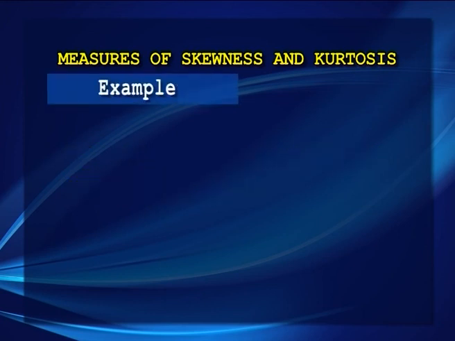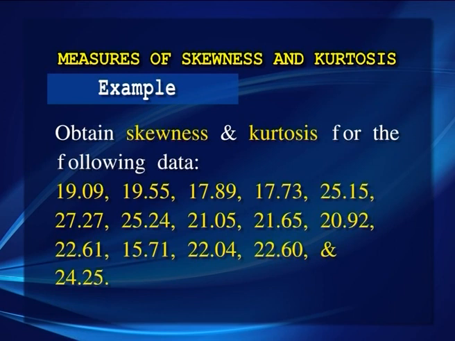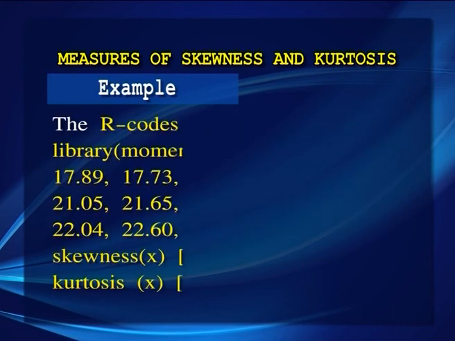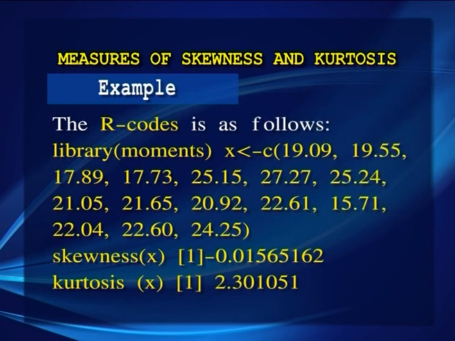Consider the example. Obtain skewness and kurtosis for the following data: 19.09, 19.55 and so on. The R code is as follows. library, open the bracket, moments, close the bracket. Take a variable x, use the assignment operator, use the combine function and then enter the values with the help of commas, and then give the command skewness of x.